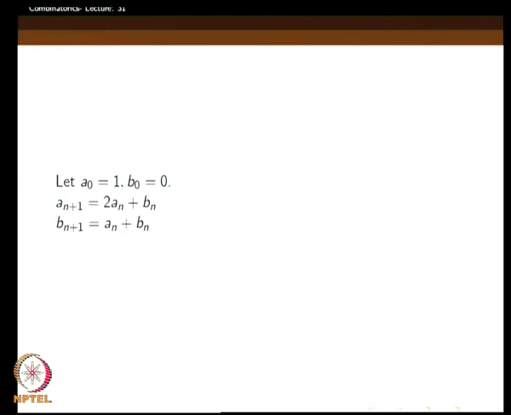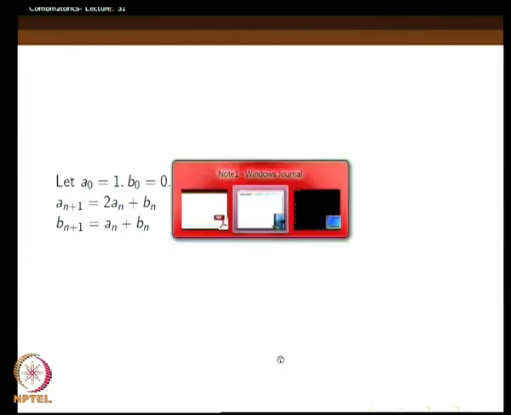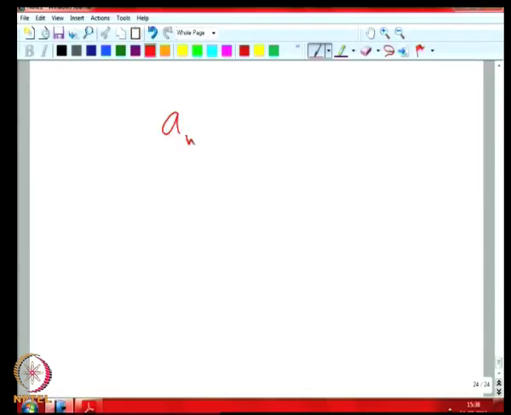So, how will you deal with this kind of a setup? So, I will copy this here, a n plus 1 equal to 2 times a n plus b n, and b n plus 1 equal to a n plus b n.